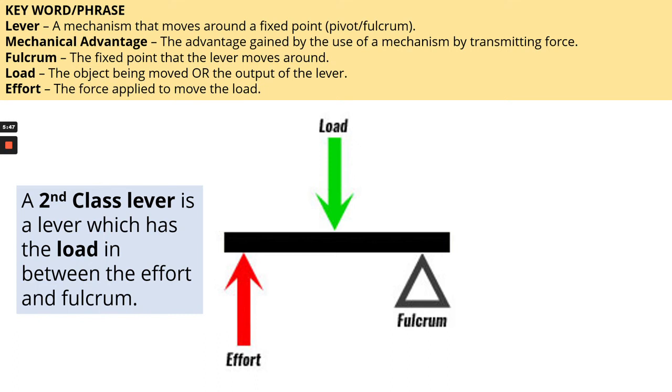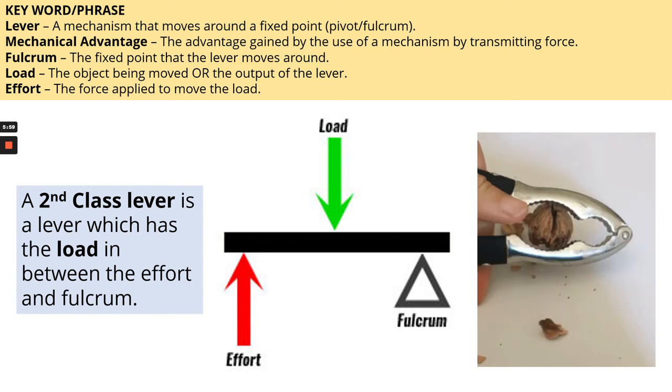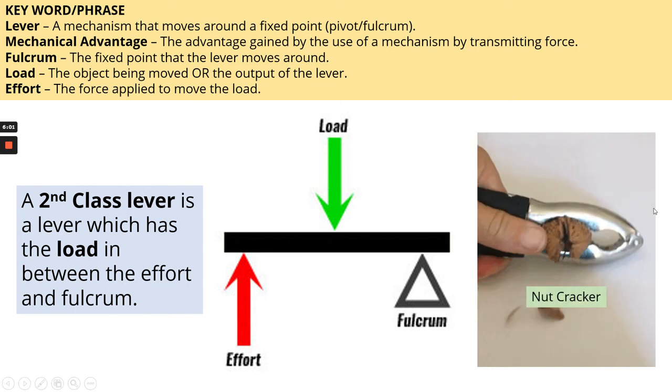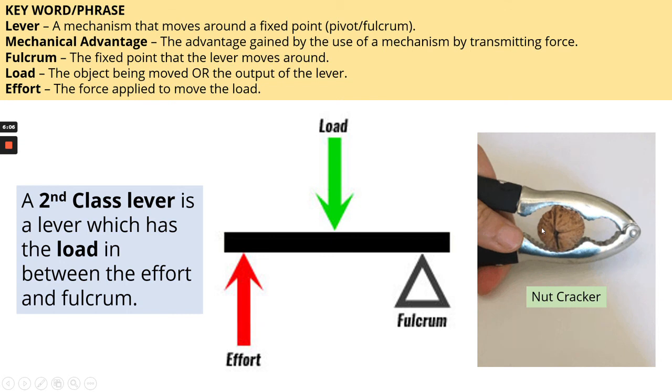This is the way you should be figuring it out: finding the middle one, and from that working out which class of lever we're looking at. So the next one, some chopsticks. Point to where you think the fulcrum, load, and the effort are situated. I hope you said load, because that is what we are trying to move.